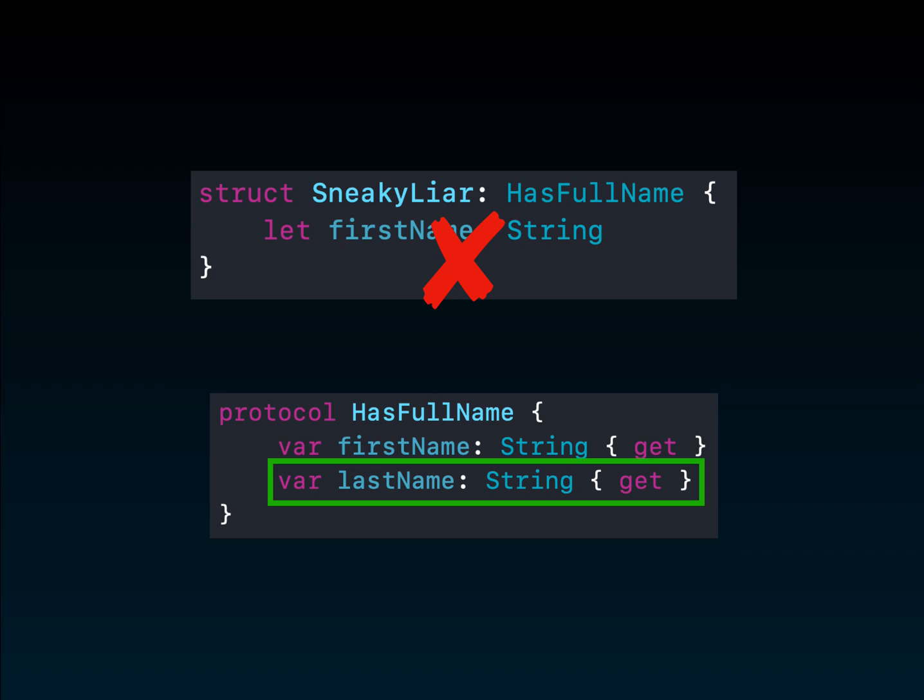You can either stop trying to pretend to be a HasFullName type when you haven't actually met all the requirements, or you actually go and add that last name property. And until you do one of those two things, I'm not going to build the app. I'm just going to give you an error message. And this is great because this gives us the safety of knowing that if anyone says they are a HasFullName type, we are guaranteed that they're telling the truth and that we can trust it. We won't get a crash in our app.